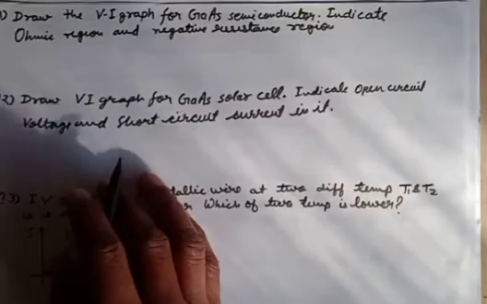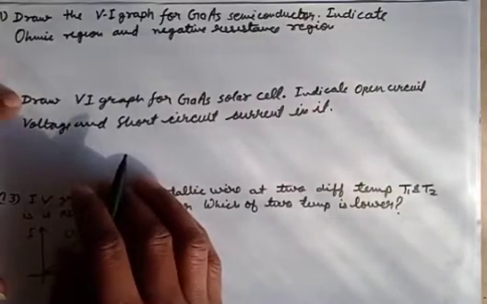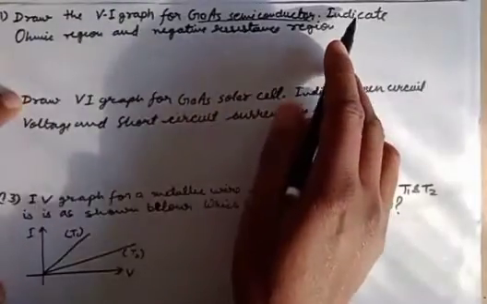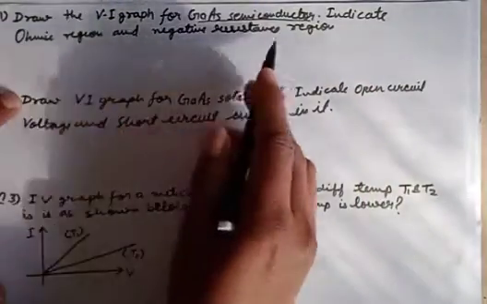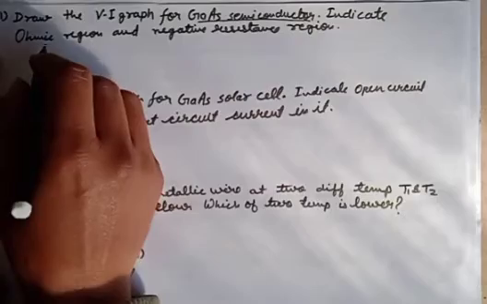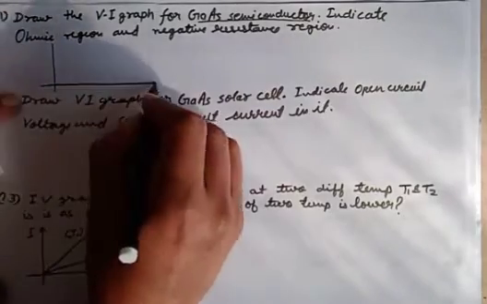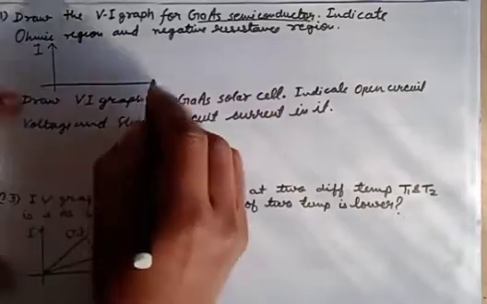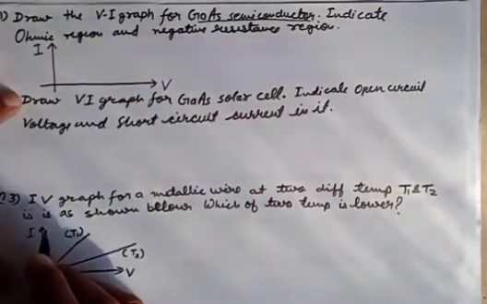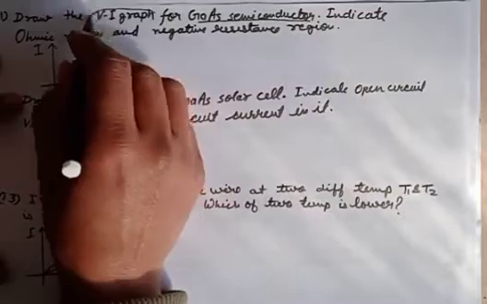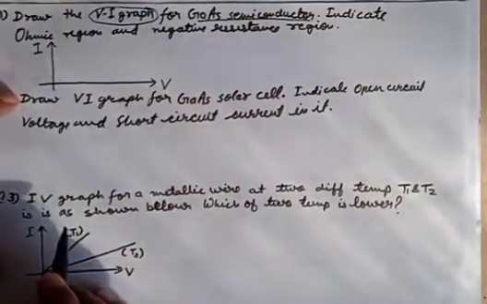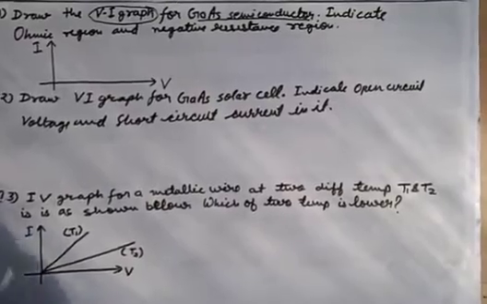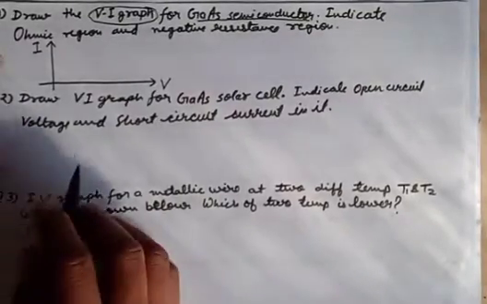So here another one, draw VI graph for gallium arsenide semiconductor. It looks like a question related to the semiconductor topic. Indicate ohmic region and negative resistance region. So this is completely your observational skill or memorization technique required here. I'm drawing I here and V here. Sometimes this part is questioned, VI or IV, what is the difference? There's not much difference, so you can draw any as per your convenience.